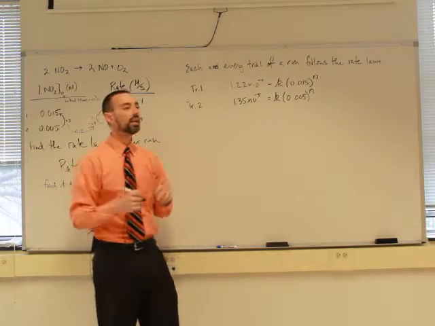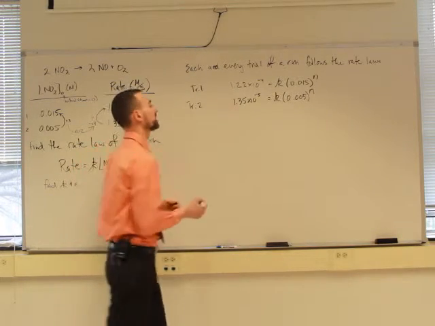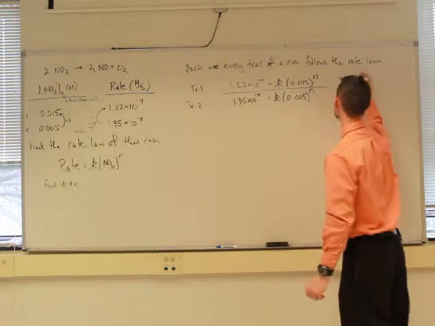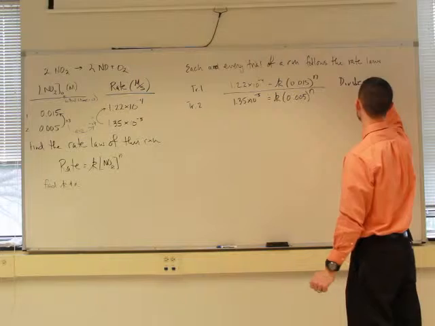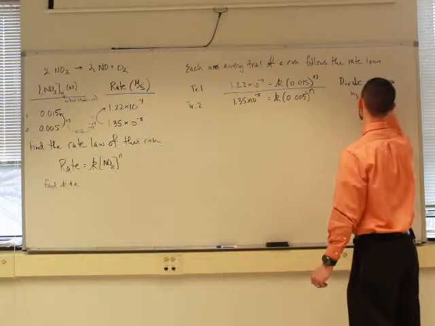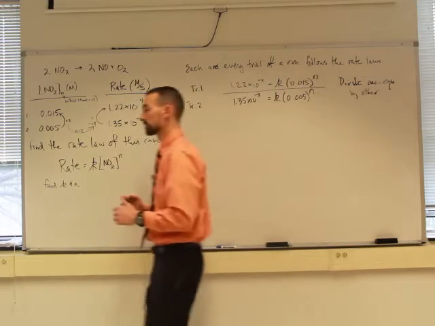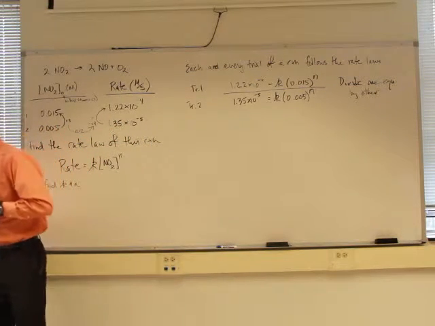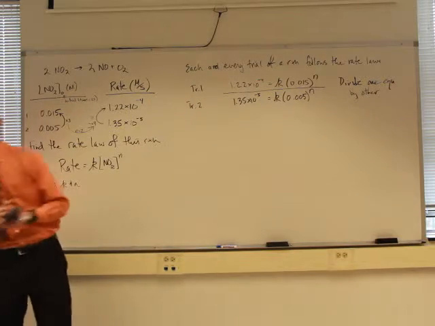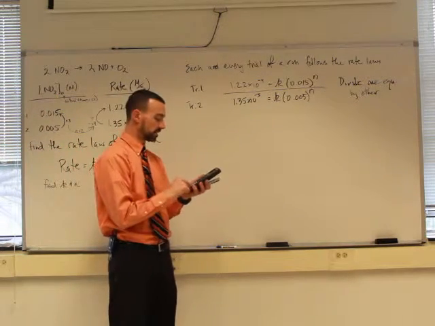All right. Here, we can do something a little bit different, a little bit of a time saver. I can actually divide one trial's law by the other. Divide one equation by the other. All right. When I do that, I want to see exactly what the number is.